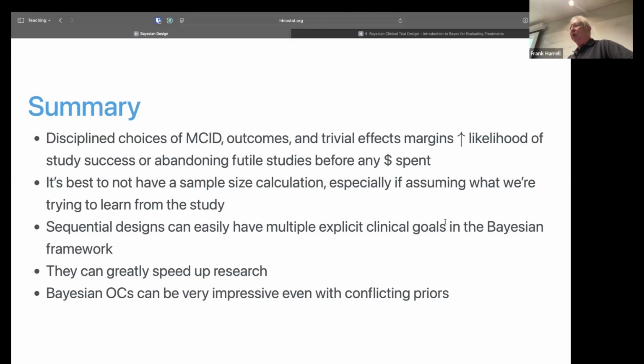And that's only part of the story, because you're asking also about the MCID specifically. How are you going to conclude that the treatment meets your expectations with regard to the MCID? So I think that's actually a difficult question, and it's not fully worked out yet.